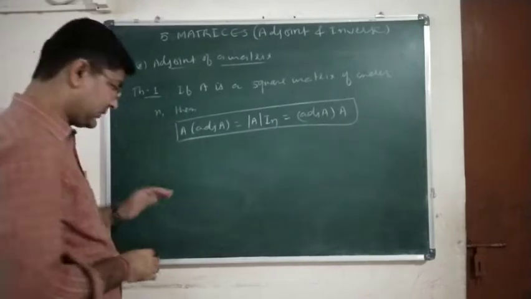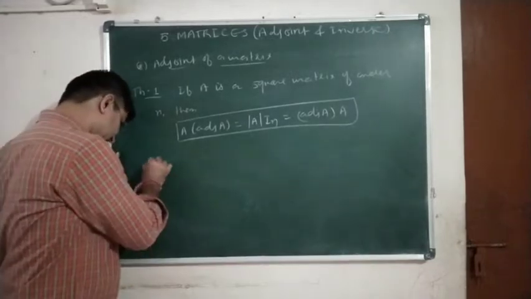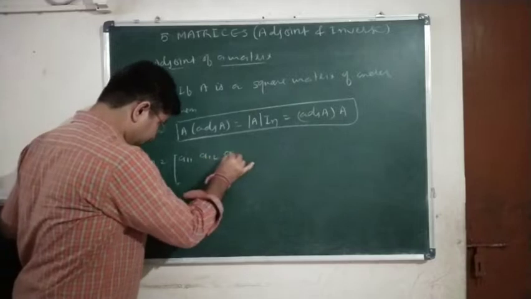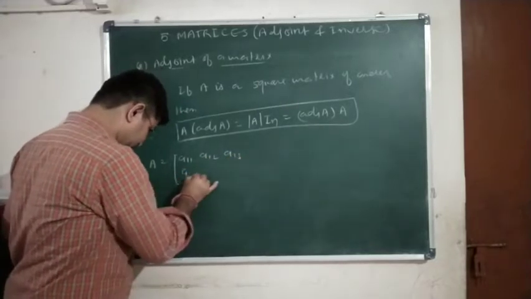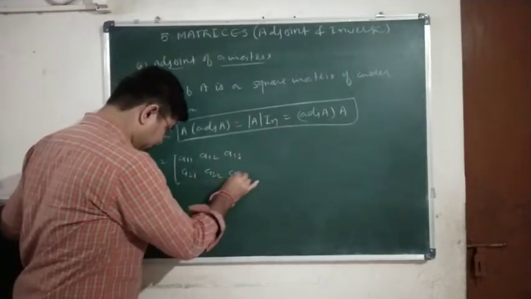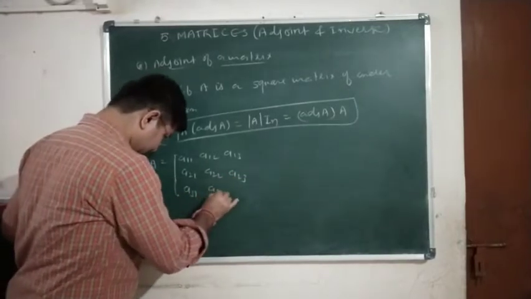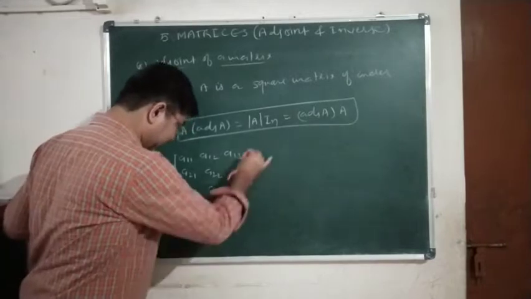As I told you, this result is useful, so remember it. Now let us try to understand the result. Let us consider the matrix a11, a12, a13, a21, a22, a23, a31, a32, a33.